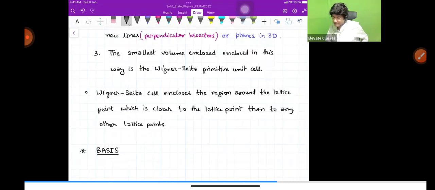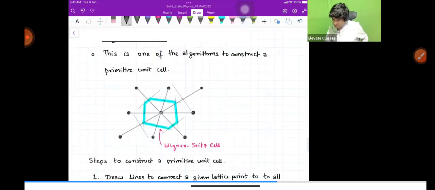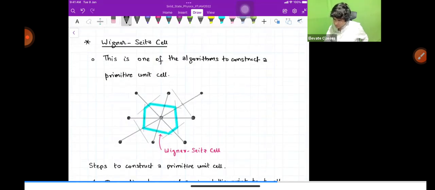than to any other lattice points. Means if you take this whole region, any point inside this region is closer to this lattice point around which we have drawn the Wigner-Seitz cell.